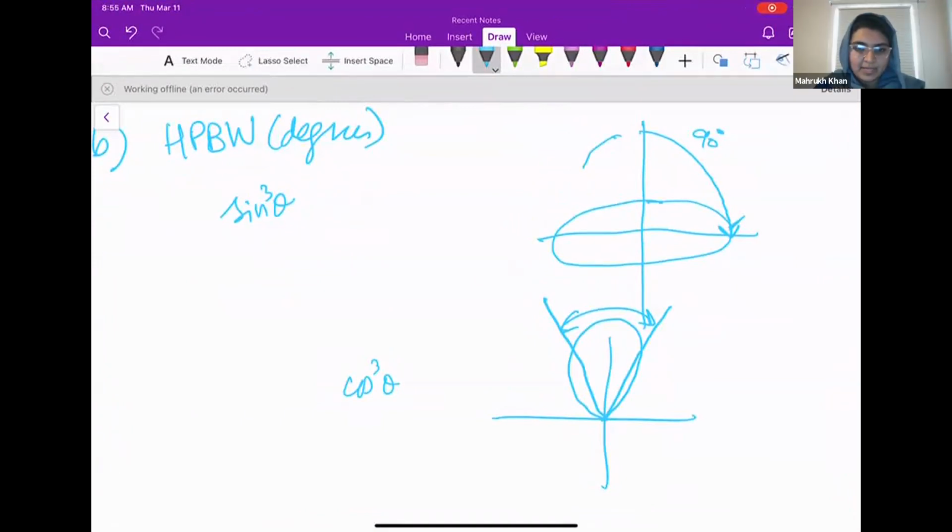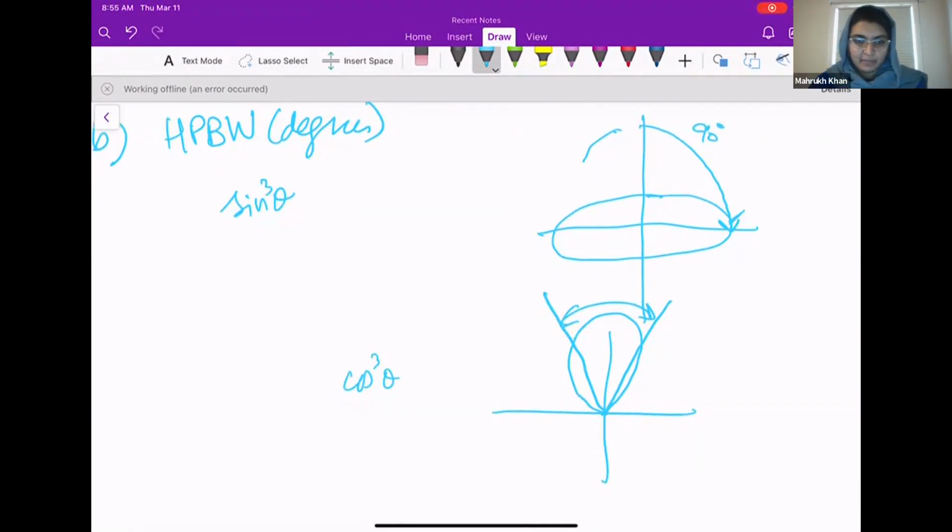So in this particular case, you have to take into account that the maximum is not at theta equals 0, but at theta equals 90. When you find the half power beamwidth, you do it the normal way.